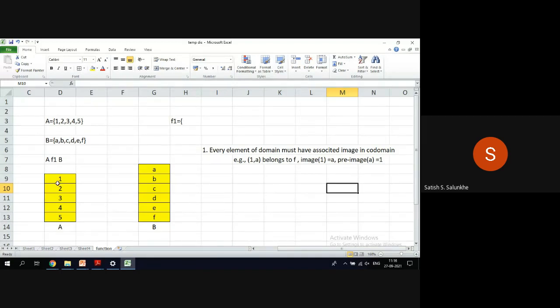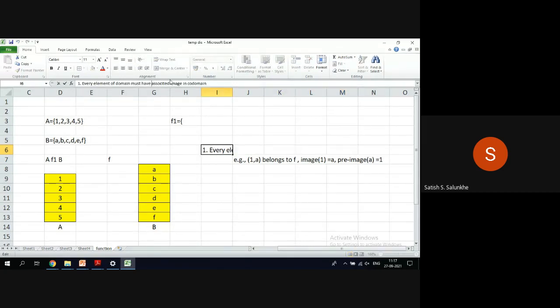That's it. Okay. So what exactly are we talking about when we say f is a function from set A to set B? Condition number 1: every element of the domain must have an associated, and there is one important word, unique.